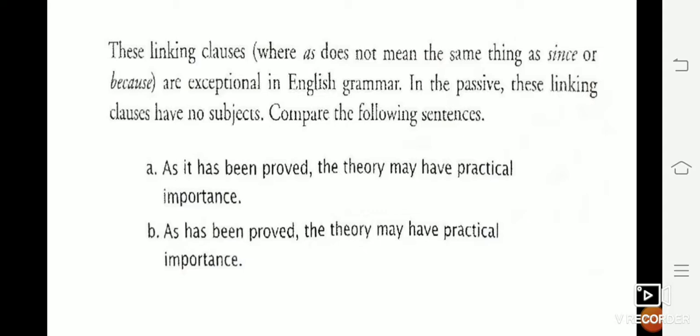One more. As has been proved, the theory may have practical importance. Over here, the below one, as has been proved, seems like they actually delete the subject. Actually, as it has been proved.